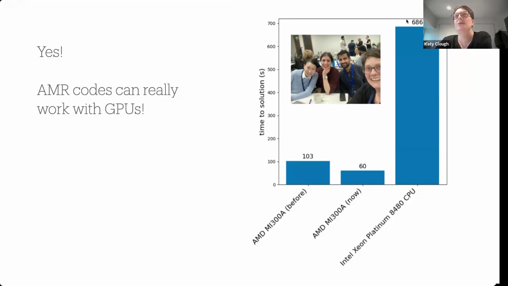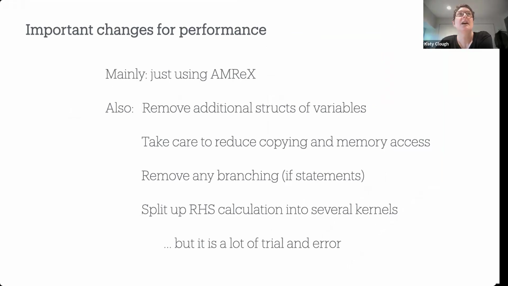So this is the CPU time to solution for, I think, just running a few steps of the binary black hole example. And before the hackathon, it was already doing much better than the CPU, already much faster. And then after the hackathon, we actually managed to get it right down to sort of over 10 times speed up compared to the CPU.